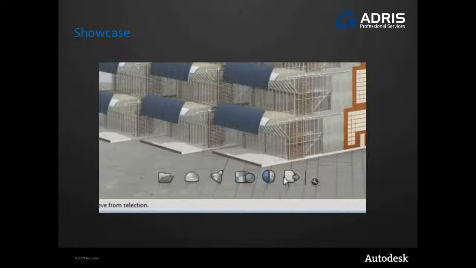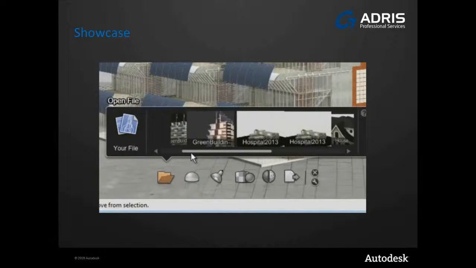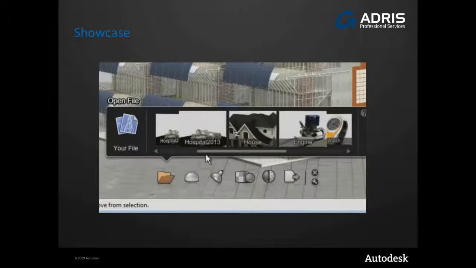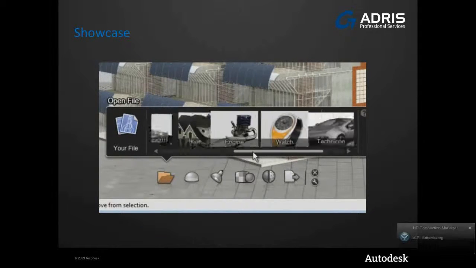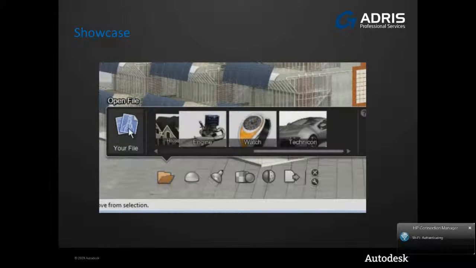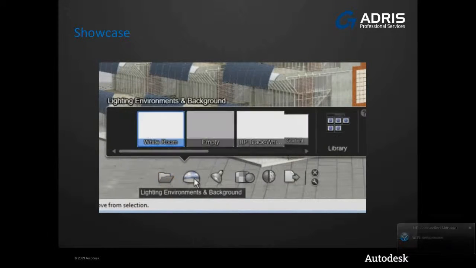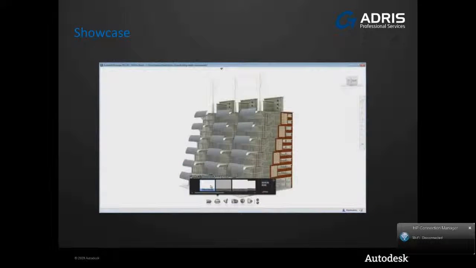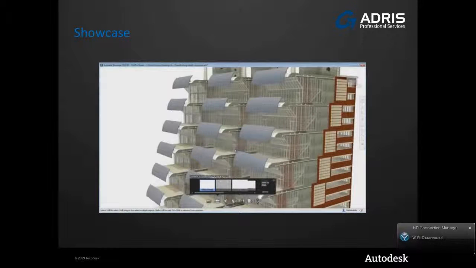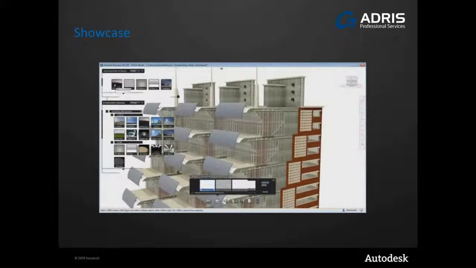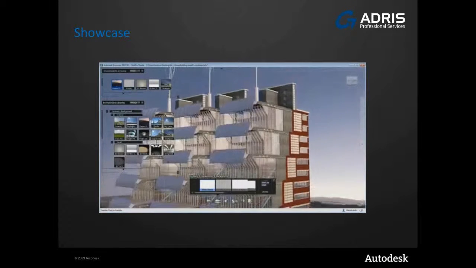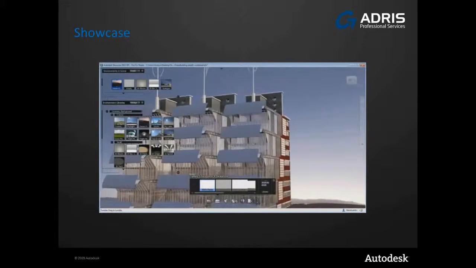It's a very visual tool. It's nice and simple to use. It's designed for the beginner. We have the concept of creating scenes. So a scene will consist of the model, the lighting, the materials and the viewpoint, and all of this is readily adjustable. So you can migrate from one scene to another, one background to another.